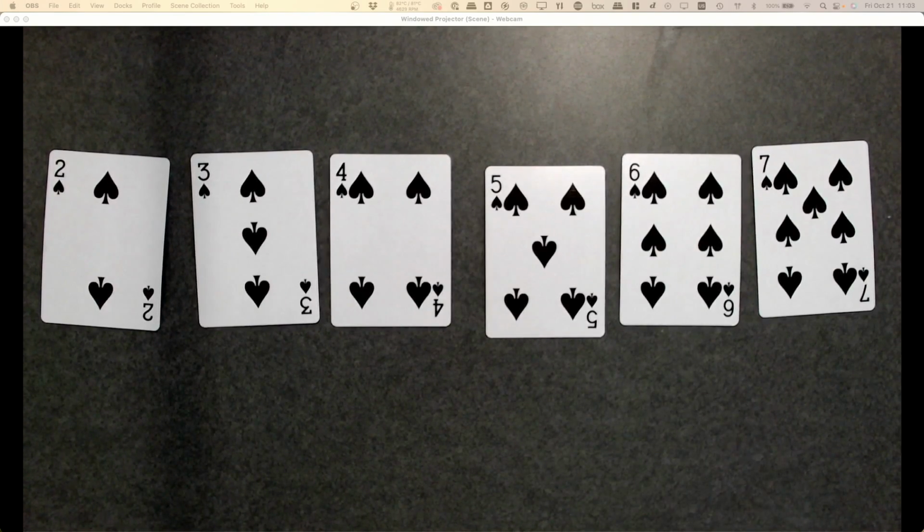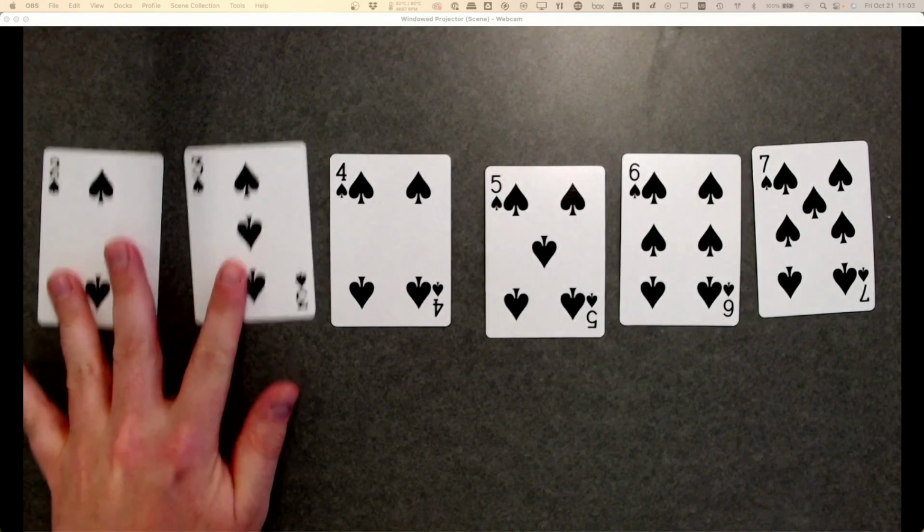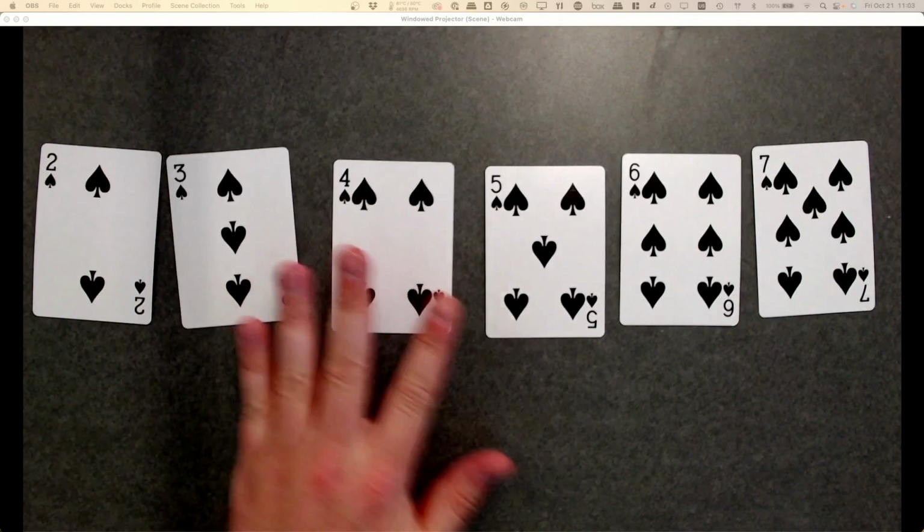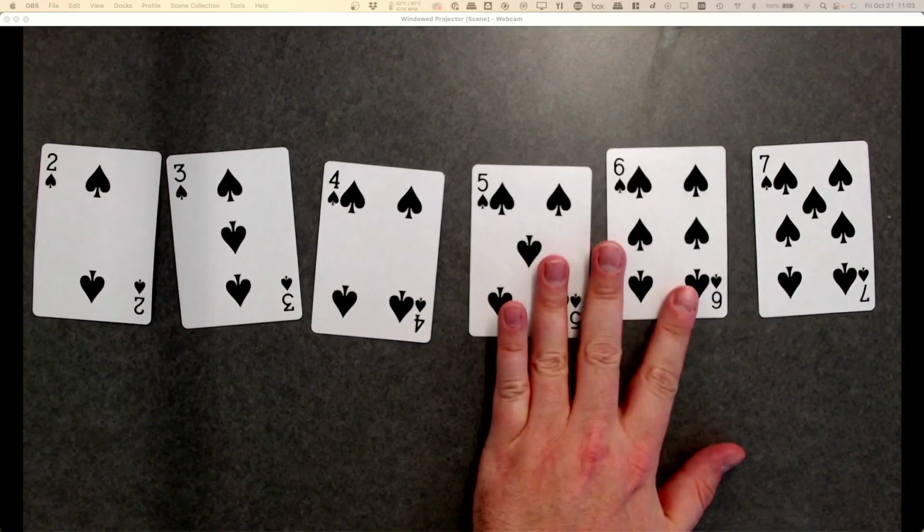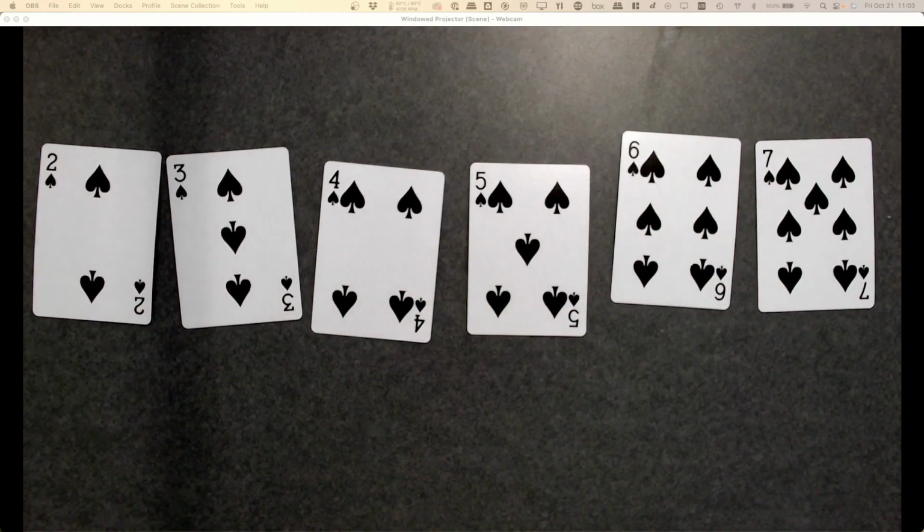Let's argue again why the best case would be if the cards just so happen already to be sorted like they are now. Then I don't have any swaps to do because everything's already in the correct spot. But how many checks do I have to do? Well, I have to do 1, 2, 3, 4, 5 for the first pass.